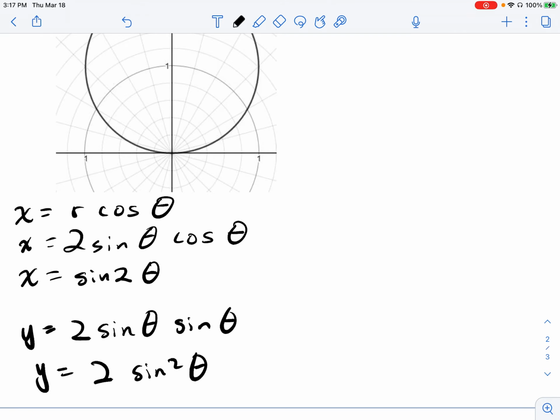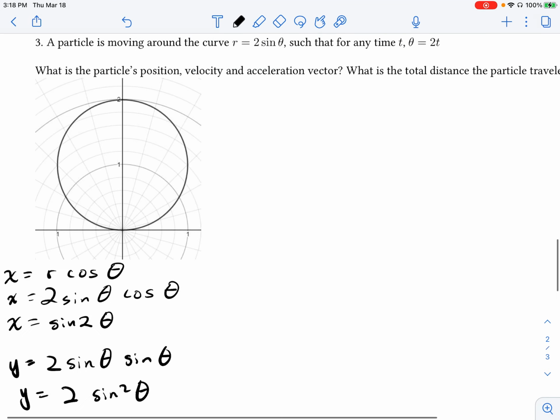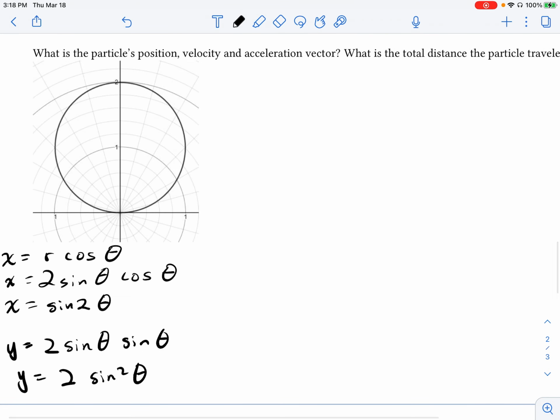So now we're ready to write our position, velocity, and acceleration vectors. We're just going to be differentiating here. So first off, our position vector in terms of theta is the following. 2 sine theta cosine theta, or actually maybe let's just write the double angle form of it. We're going to just write sine of 2 theta. Our y component is 2 sine squared theta. When you're working with double angles, just make sure you're super careful with how you write your coefficients and your exponents.